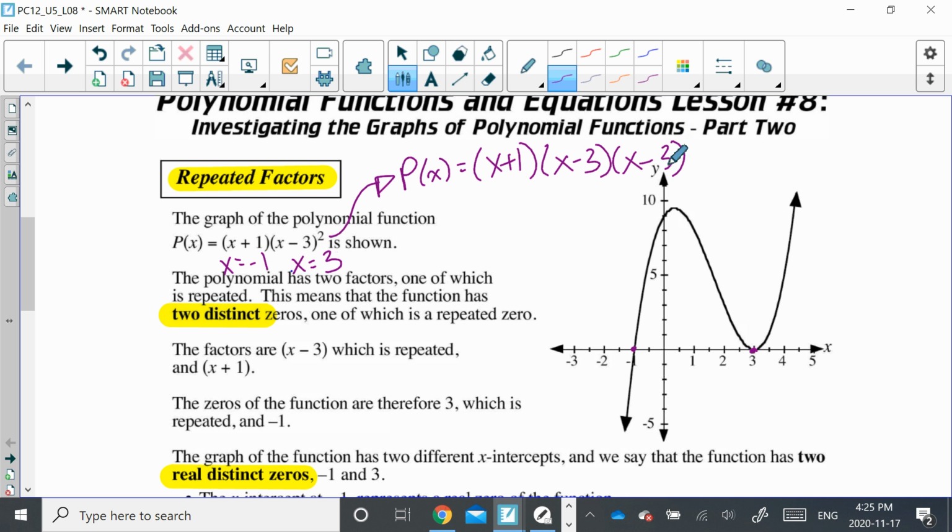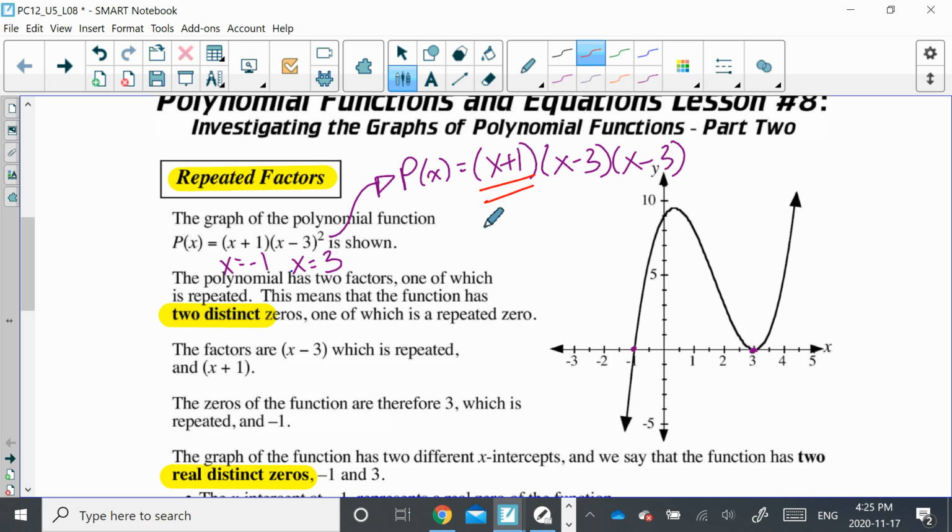Okay, so a couple of things. This x minus 3 is a repeated factor. If I asked how many distinct zeros, how many x-intercepts there are, even though this polynomial has 3 factors, there are only 2 distinct x-intercepts.